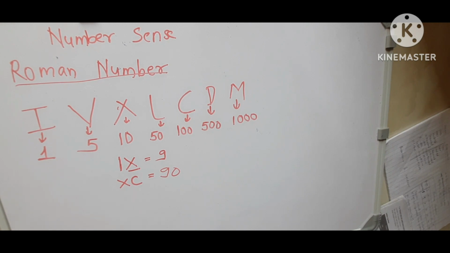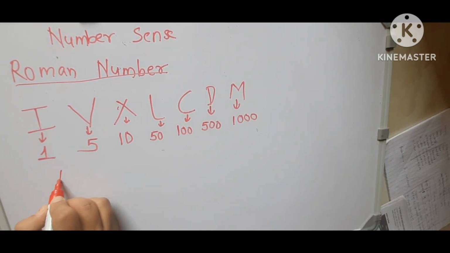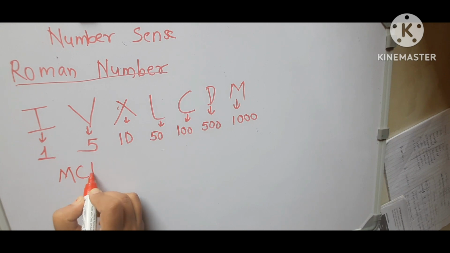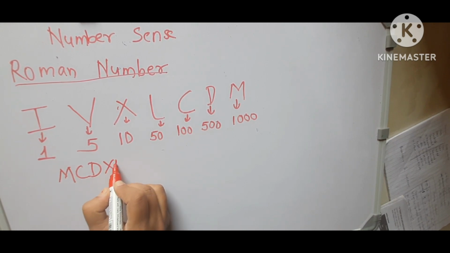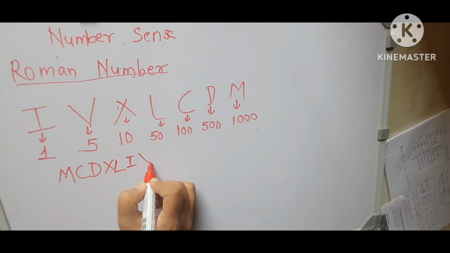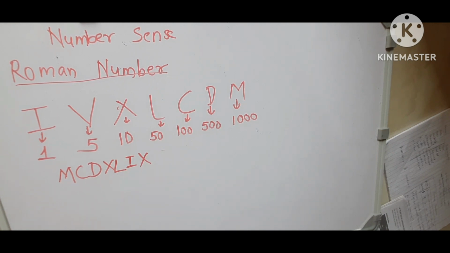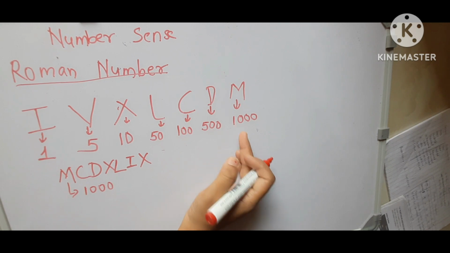Let's check one example of a Roman number and see how we'll solve it. I'll take the example M, C, D, X, L, I, X. Now we'll solve it one by one. First is M. The value of M, as we all know, is 1000 here.